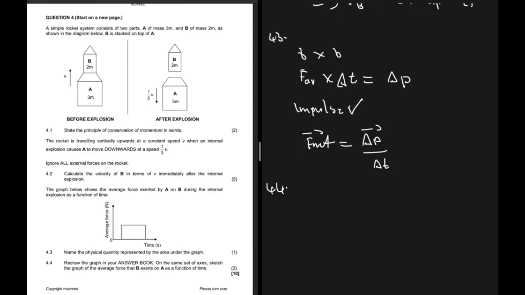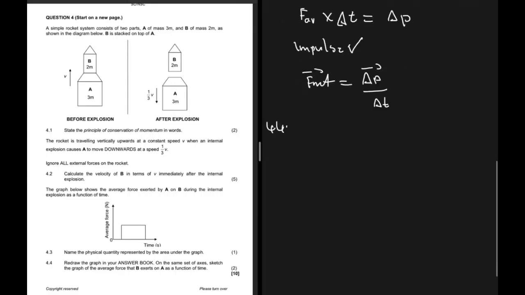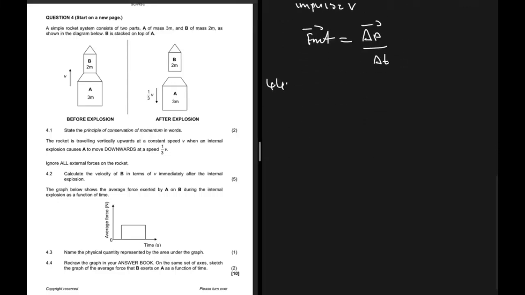So let's move ahead. 4.4 says redraw the graph in your answer book on the same set of axes. Sketch the graph of the average force that B exerts on A as a function of time. So let me just put in an axis there.